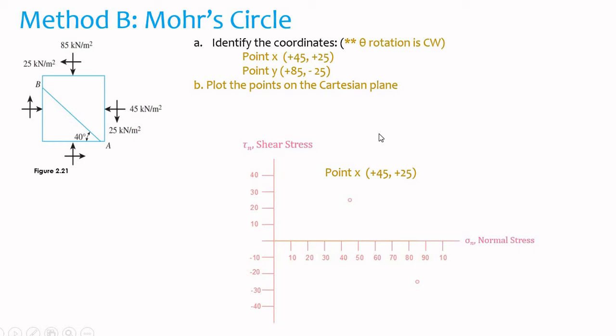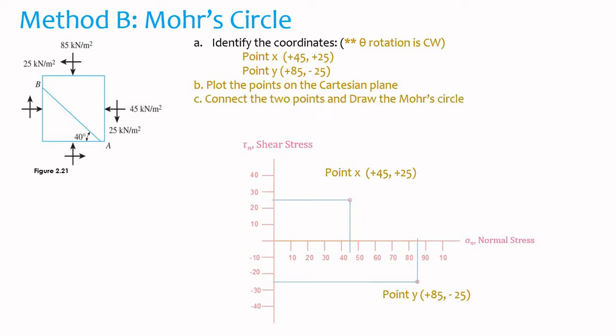First is point X: on the x-axis, 45, and on the y-axis, positive 25. Next we plot point Y: 85 on the x-axis and negative 25 on the y-axis. So we have point X and point Y.